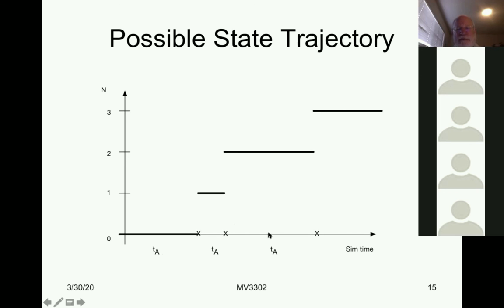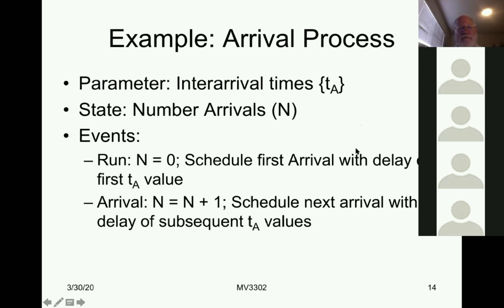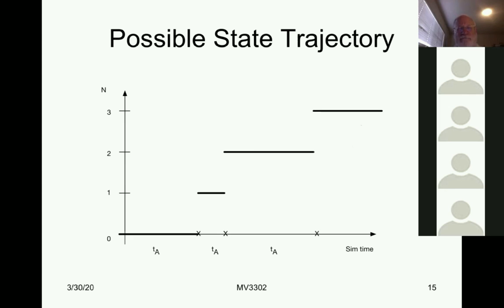Then the third value of t sub a is this, and when that occurs, it will change the value from 2 to 3. And then it just continues. Any further state trajectories are going to be off to the right. So this is a possible state trajectory that will be produced by this model right here.